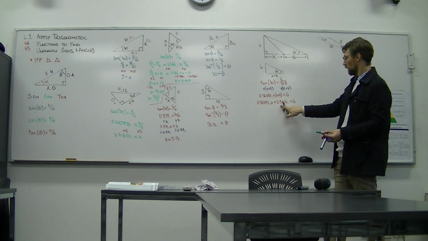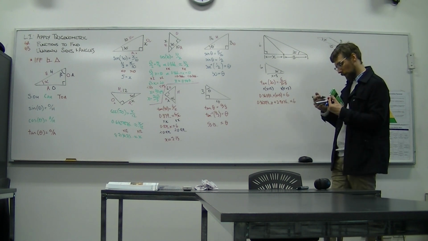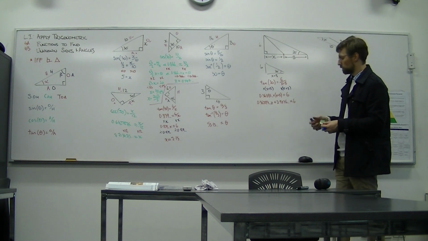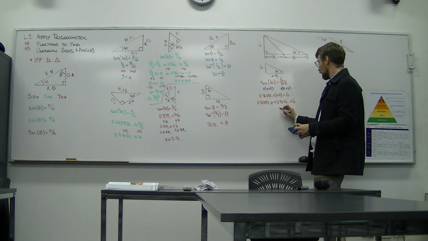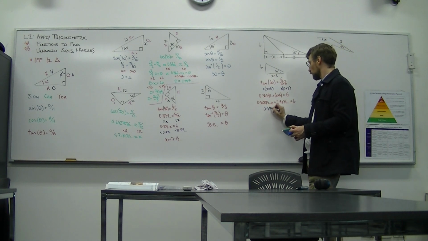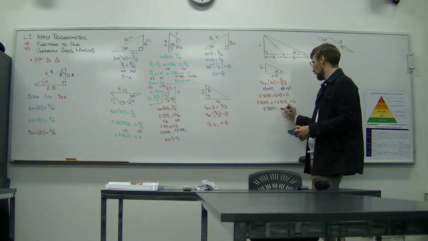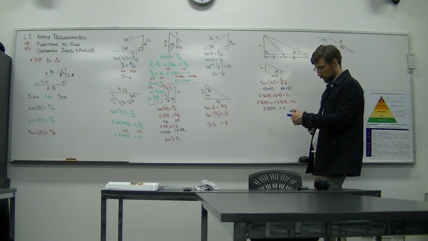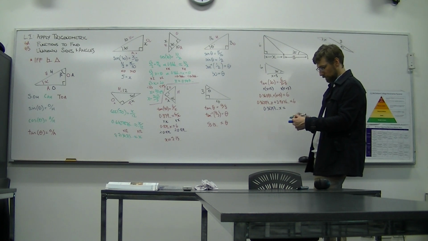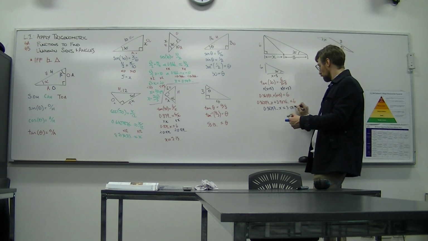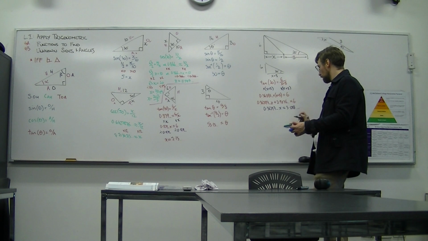Great, well, I want to get x by itself, so I should get rid of this guy. 0.3637 whatever, garbage, garbage, x roughly equals 6 minus that, 3.088, garbage, garbage, garbage, yeah.